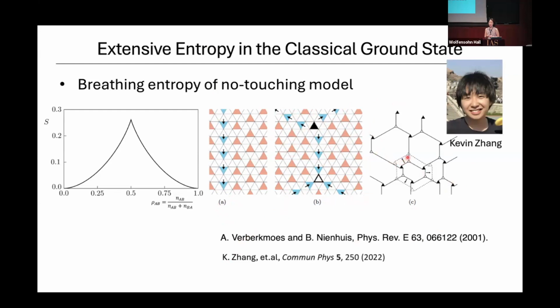And these flip lines moving in and out is not going to cost energy, and that's called braiding entropy. So this is a way to see why there is extensive degeneracy. I said earlier that having a large degenerate set of configurations can be a good setting to pursue fractionalization. And this told us that we should be thinking about fractionalization.